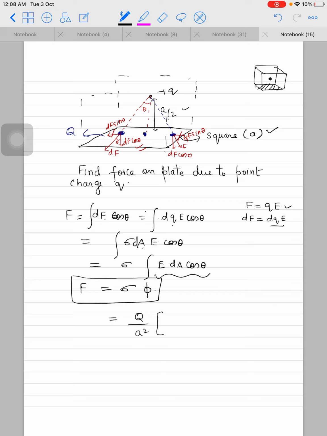So from one face we know the flux will be q upon 6 epsilon naught. So here we get the answer: capital Q small q upon 6 a square epsilon naught. This is the answer of the question.